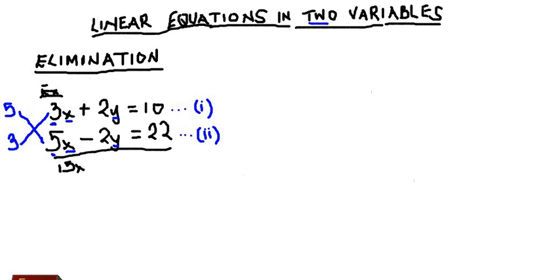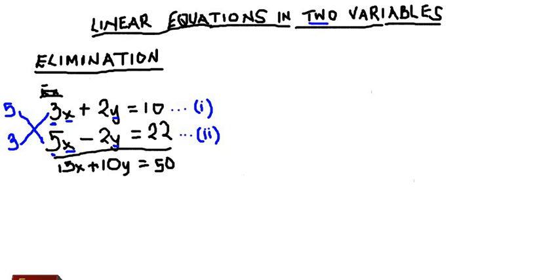Then 2y will multiply by 5, it will give us 10y. Then across the equal sign we have 10 times 5, which is 50. So this is the result of multiplying coefficient 5 across equation 1.